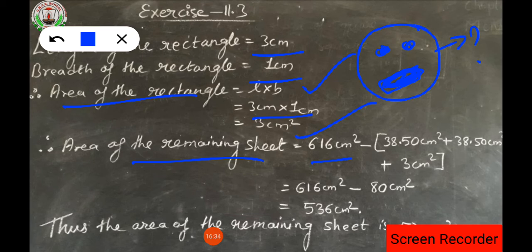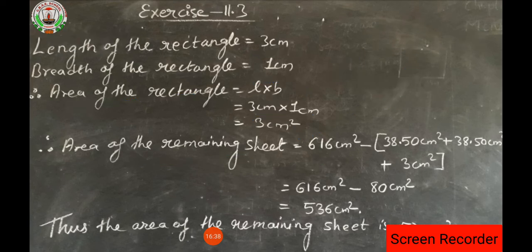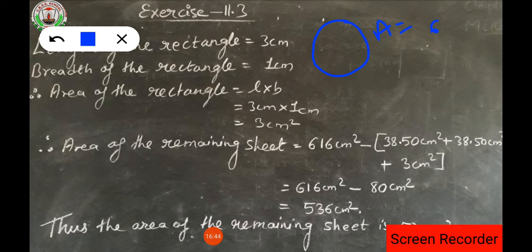the area of the whole circle minus the parts removed. The complete circle area is 616 centimeter square, isn't it? Now the small circle area is 38.50 centimeter square, and the second small circle area is 38.50 centimeter square. Then our rectangle area is 3, isn't it?